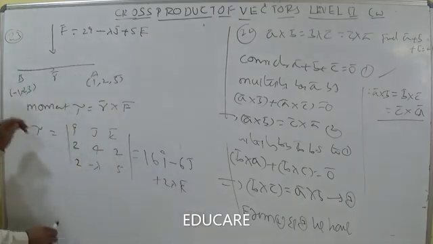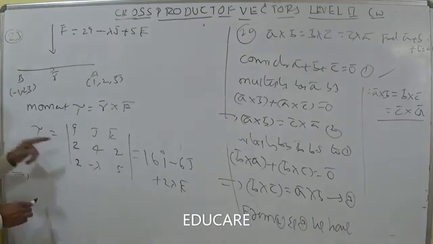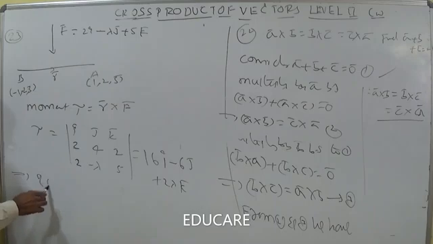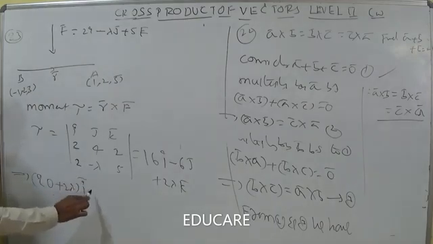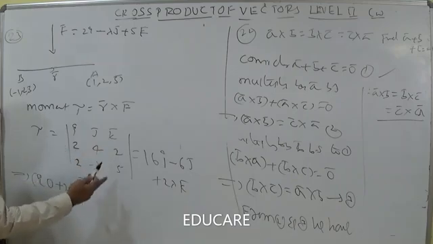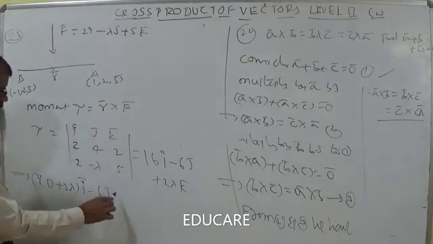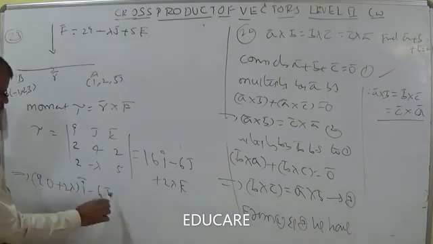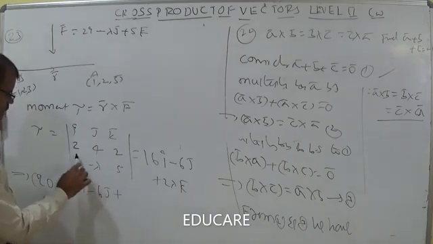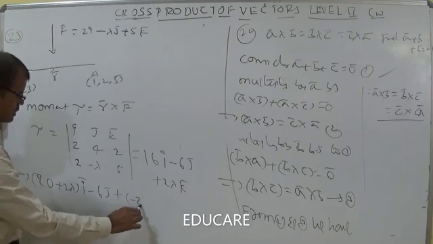Calculating now, 4 fives are 20, so 20 plus 2 lambda times i bar, minus 2 fives are 10 minus 4, that is 6, times j, plus the k component: minus 2 lambda minus 8.